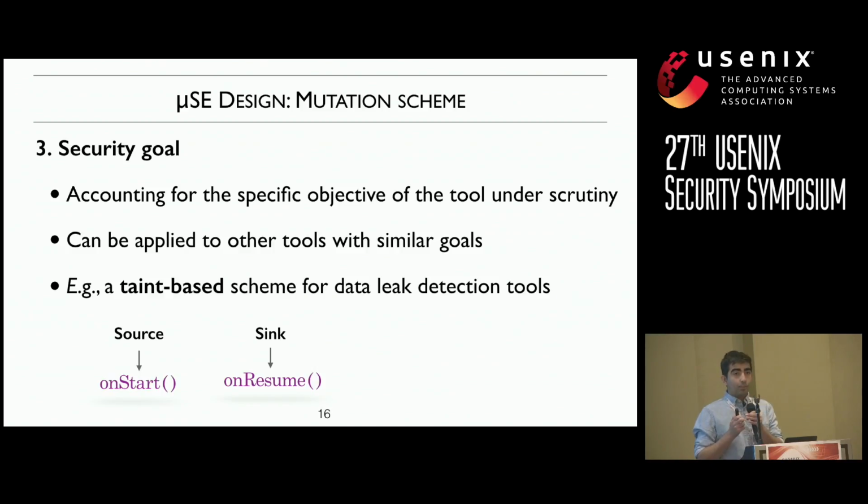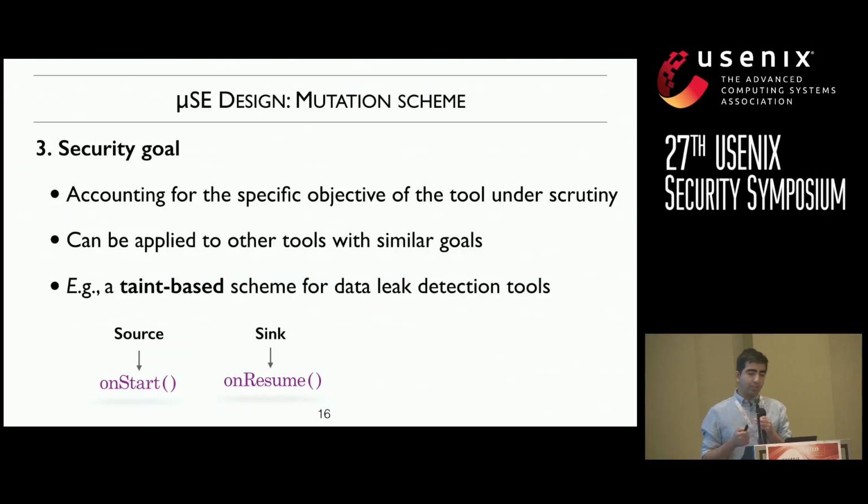We extract the private user data in the onStart method, and we leak this information in the onResume method. We know that the onResume method always executes after the onStart method. So any tool that wants to detect such a leak would also have to account for this ordering. This placement tests the tool's ability to identify leaks in asynchronous ordering of callbacks.